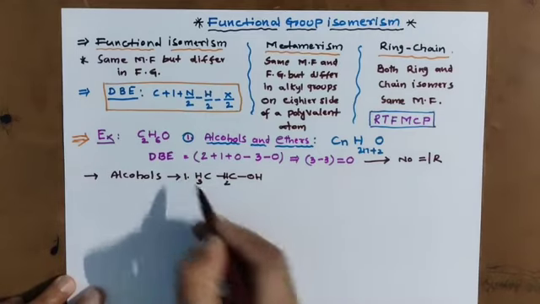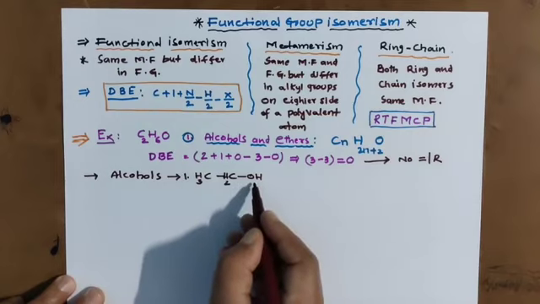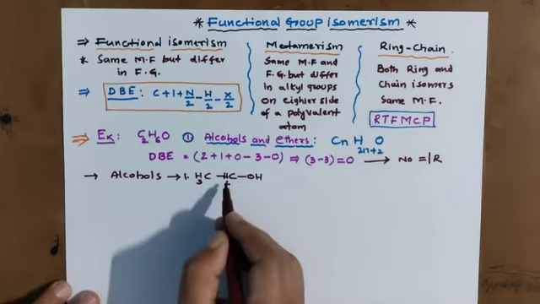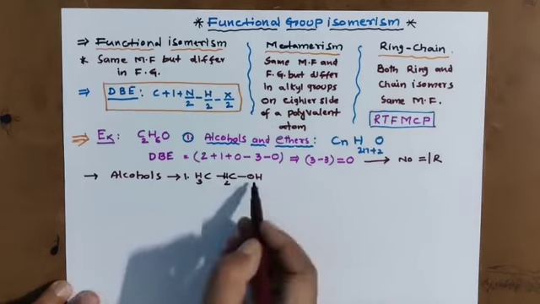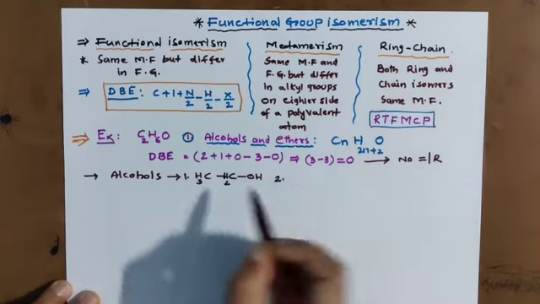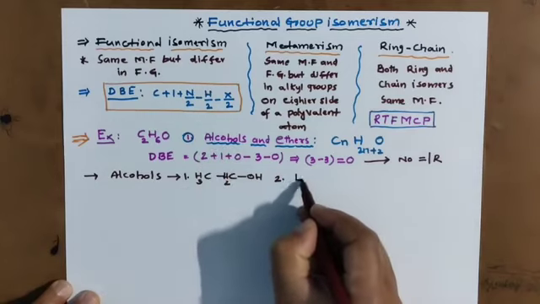This is one alcohol we got, which we call ethanol. Clear? Is there any chance to write another structure? If you draw this OH somewhere else, you get the same formula. So alcohol is completed.